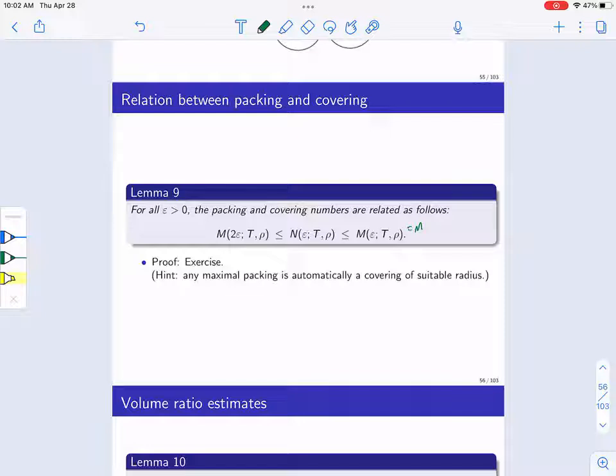How can you argue the other one? This is saying that the maximum packing is less than the minimum covering. So every, how can we argue this? Can we argue it?